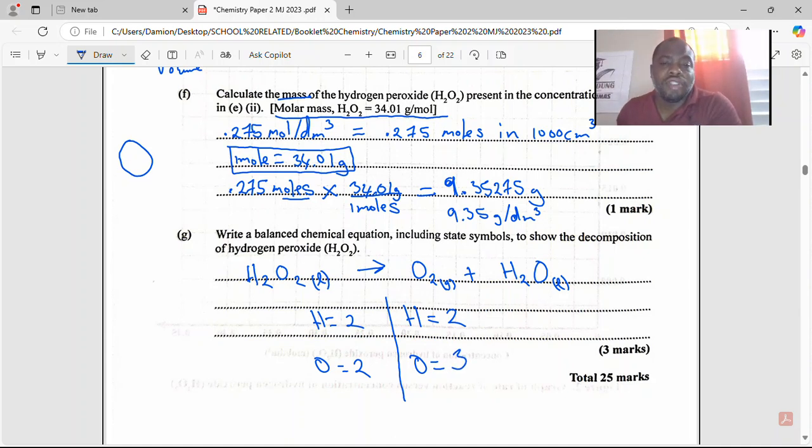Alright. So since the hydrogens are already balanced, we move to the oxygen. We would have started by getting it to an even number, which is 4. So we want to get this to 4.